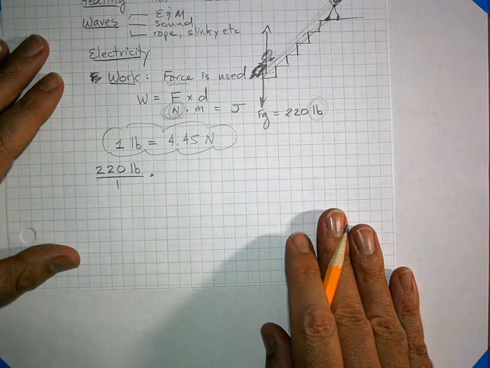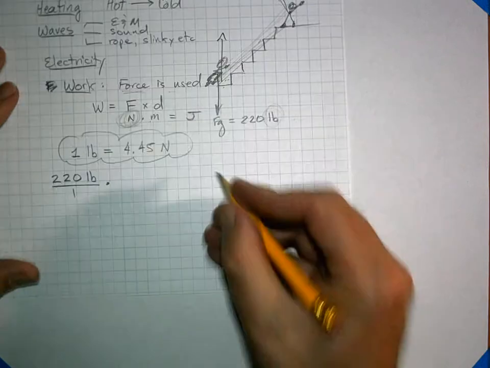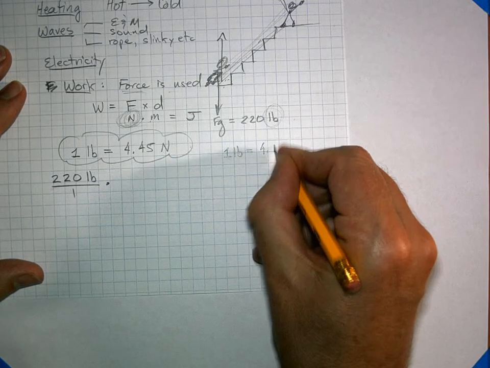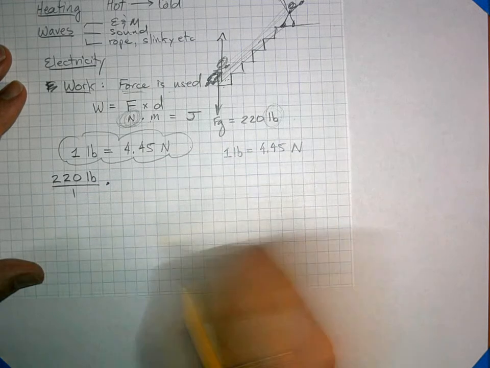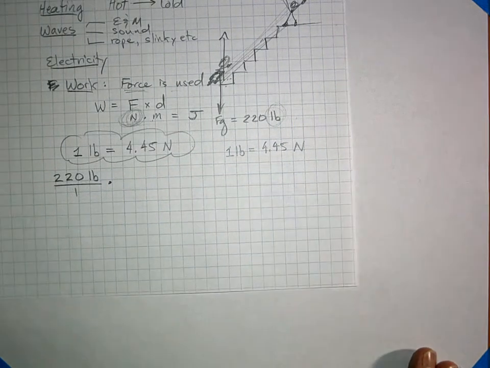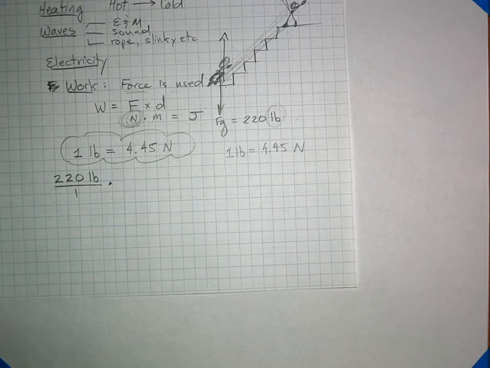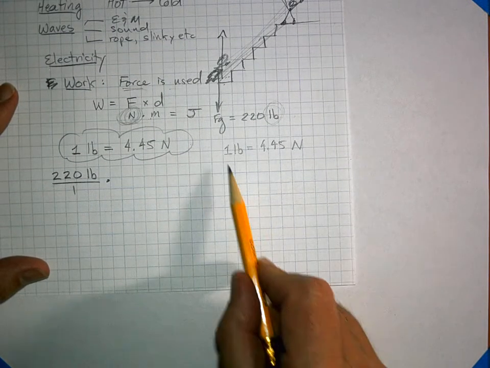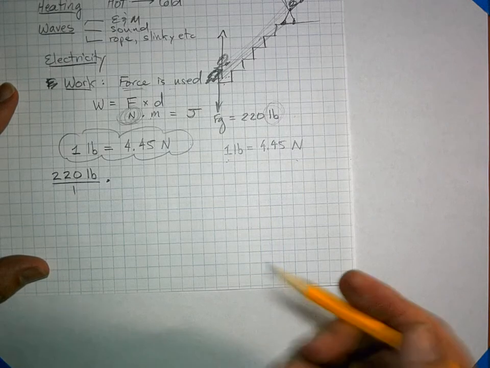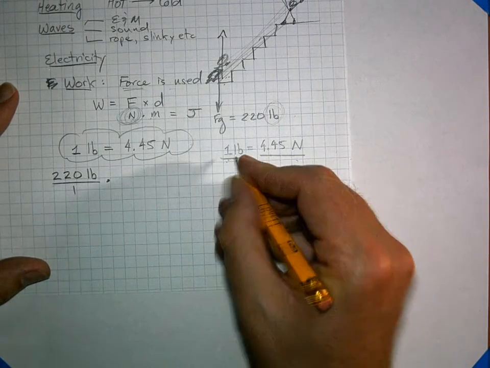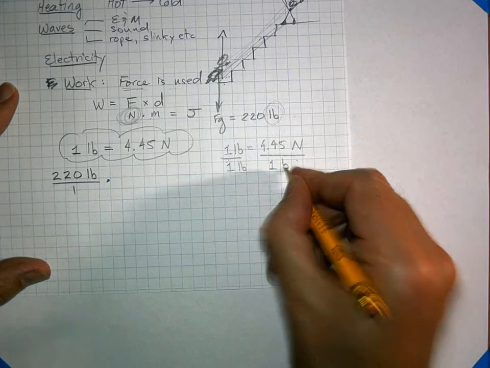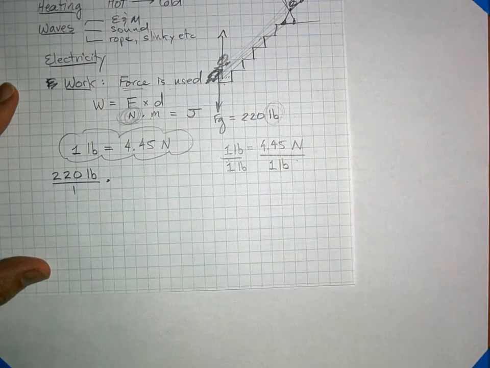Let's take this equation here. We said that 1 pound is equal to 4.45 newtons. Now I'm going to divide both sides by 1 pound. Is that okay? Sure. The rules of algebra say I can do anything I want as long as I do it to both sides of the equal sign. So I'm going to divide both sides by 1 pound. Does that make sense?